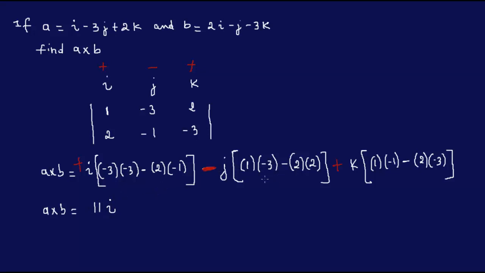Minus 3 minus 4, that's minus 7, and then the minus sign here will be plus 7j. And then I have here minus 1 plus 6, that's a 5, so I have plus 5k. So that's it. That's the final answer.